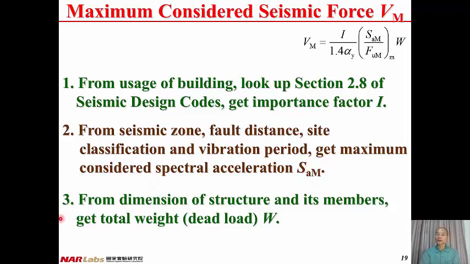Then we move to step 3, from the dimension of the structure and the dimension of its members, we can get the total weight of the structure, that's the dead load of the structure W. From steps 1, 2, 3, we have I, importance factor, SAM, maximum considered spectral acceleration, and W, the total structural weight.